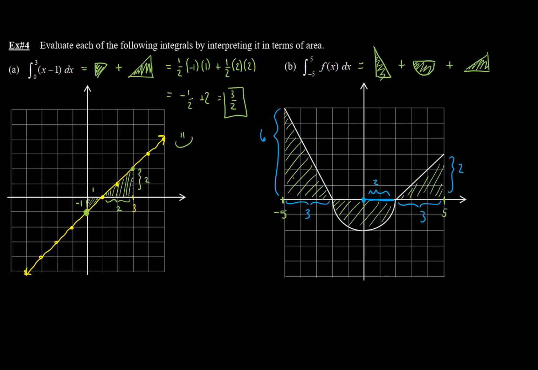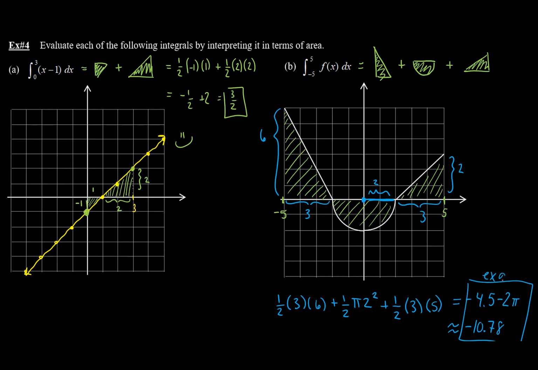So for this first triangle, I'm going to have 1/2 times 3 times 6, and then plus 1/2 times pi r squared, and then plus 1/2 times 3 times 5. If I evaluate that for something exact, I can say that's -5.5 minus 2 pi, or I could say it's -10.78, depending on whether they're asking for an exact value or a decimal approximation.